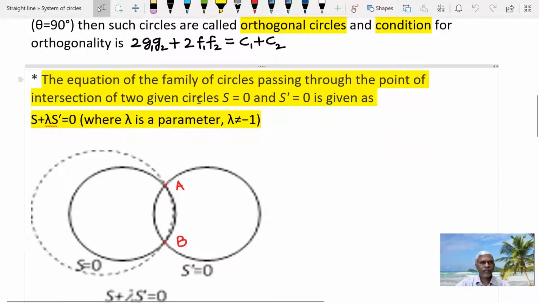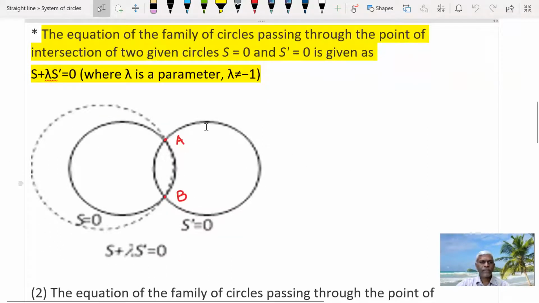The equation of the family of circles passing through the point of intersection of two given circles, s is equal to 0 and s dash is equal to 0, is given as s plus lambda s dash is equal to 0, where lambda is a parameter. Look at this figure.